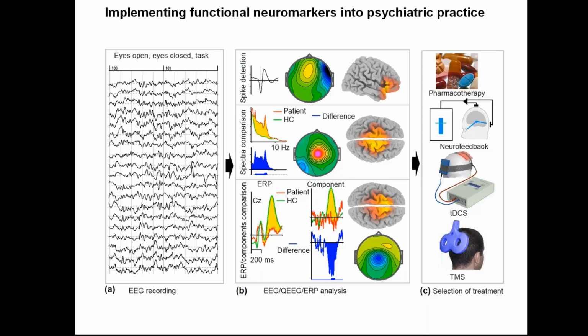In this particular subject, you know the localization of the component, so you can use either neurofeedback techniques to work on this area, or transcranial direct current stimulation, or TMS, or if you know that this component is the one that responds to a particular medication, then you can use the corresponding medication.